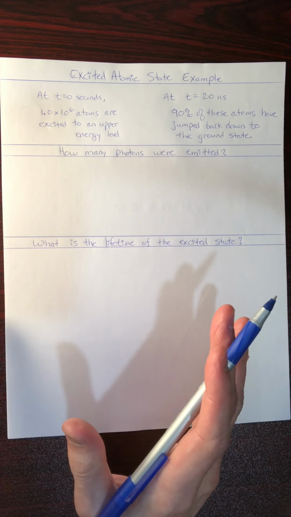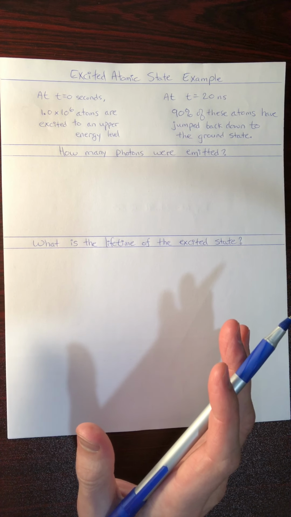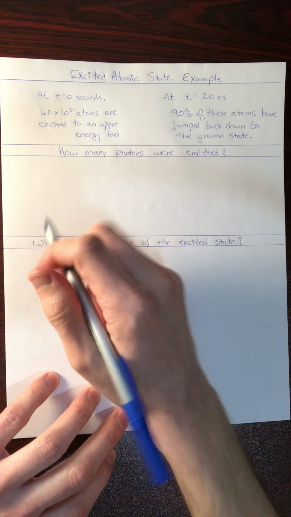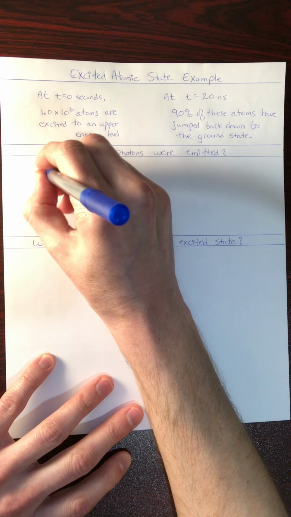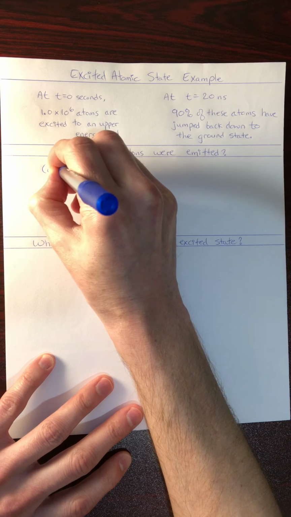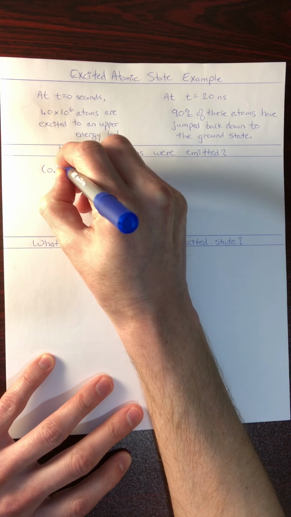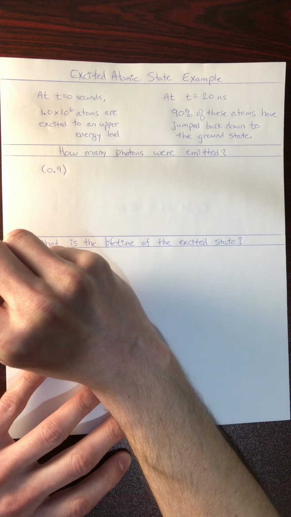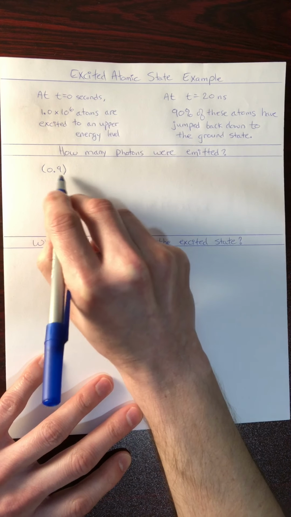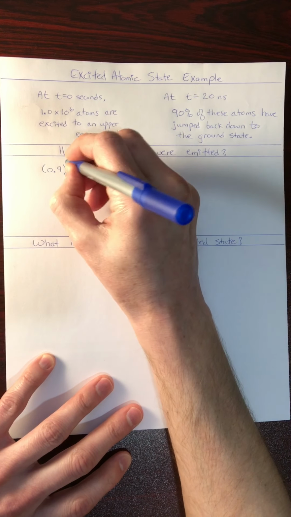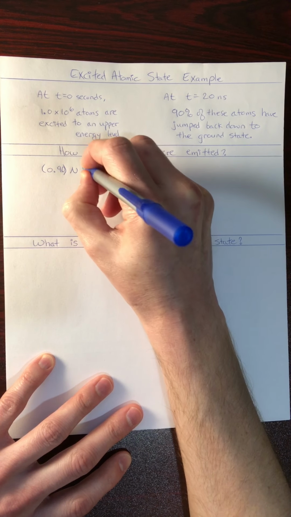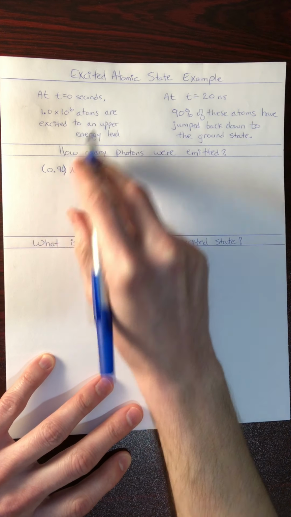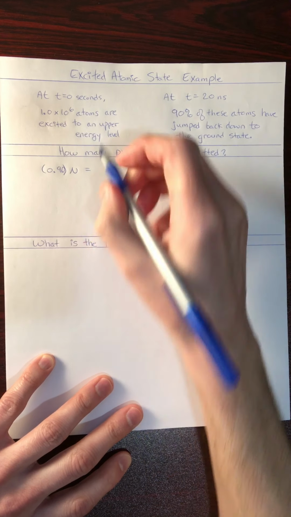So first question, how many photons were emitted? Okay, well, first of all, we've got 90% of the atoms have gone back down to the ground state, so 0.90 times N, our number of atoms here.